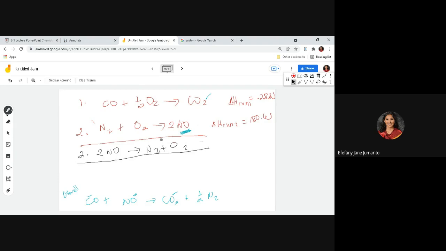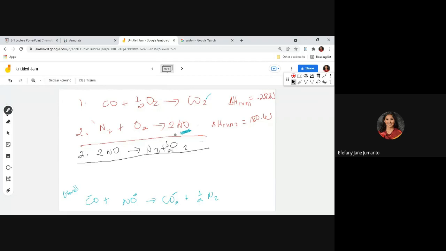Okay, will that be enough for us to get this product? So we have 2NO. Now, what will we do to achieve this product? Ma'am, factor out the 2. If we factor out the 2, this one will be 1/2.